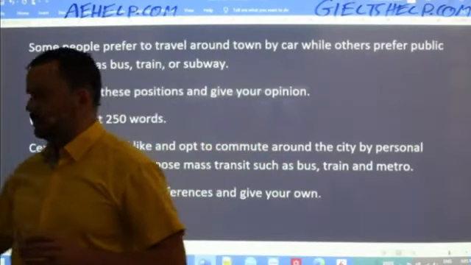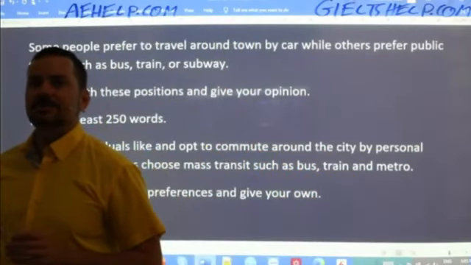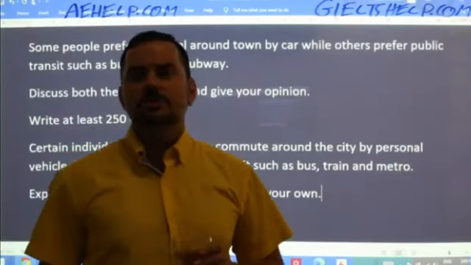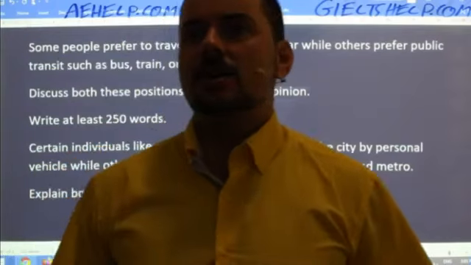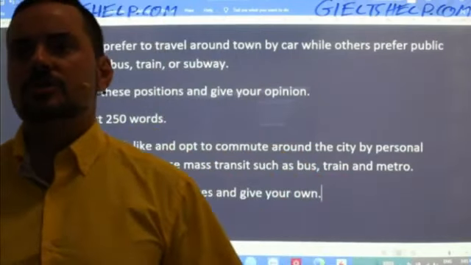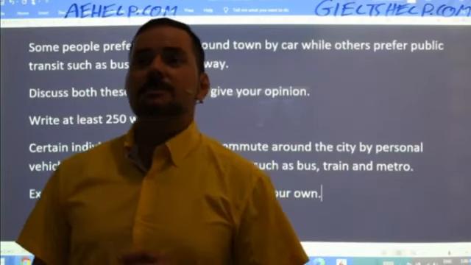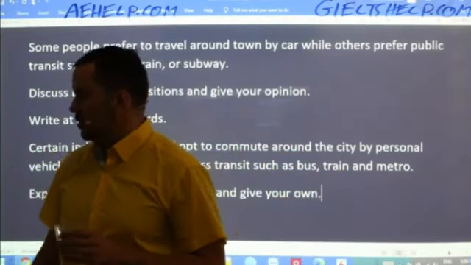So Peya Basak says many individuals like to travel around the city by car. However, others prefer public transport to commute. Baekjun says certain individuals would rather go around the city by car, whereas others choose to use public transportation, such as bus, train, and subway. Explain both views and state your opinion.